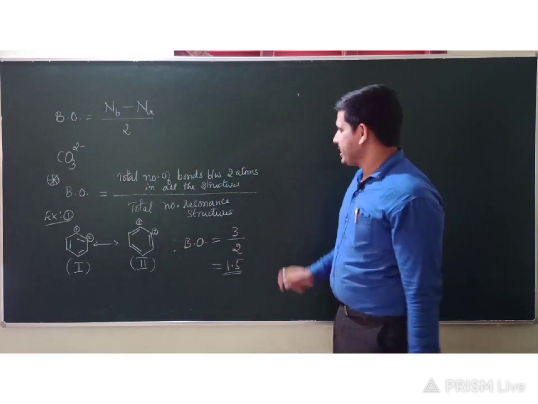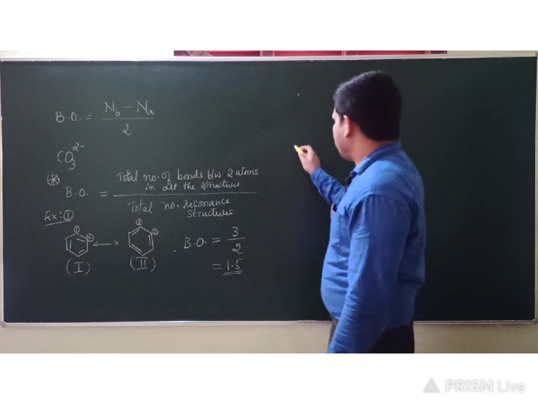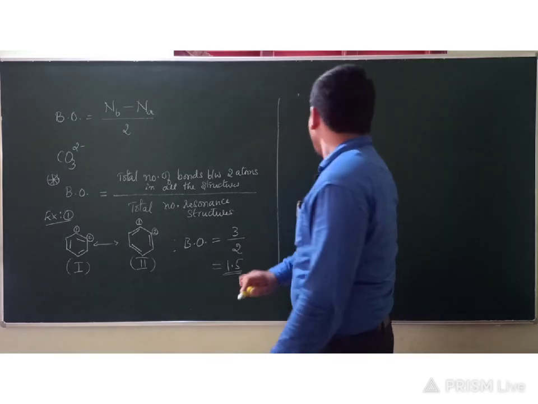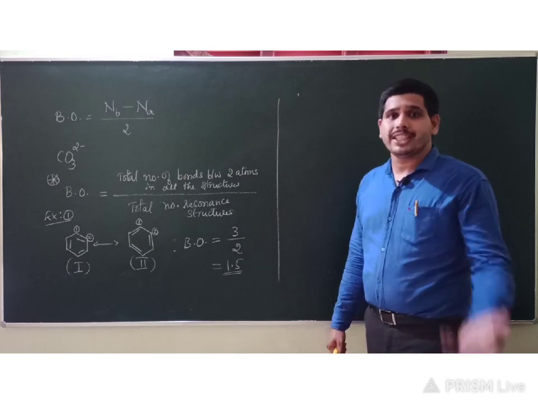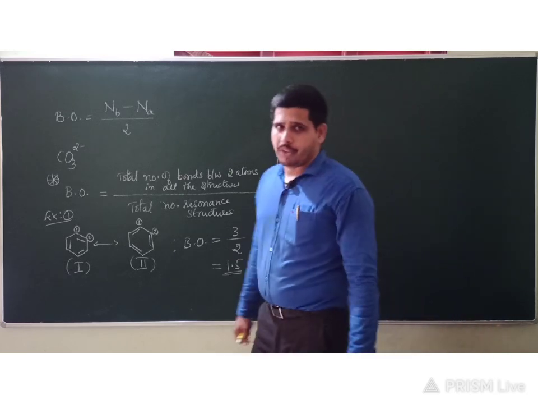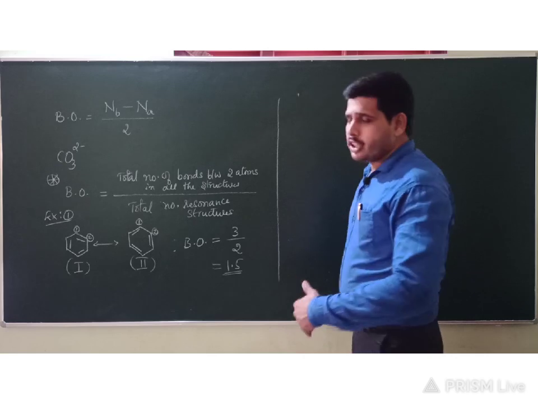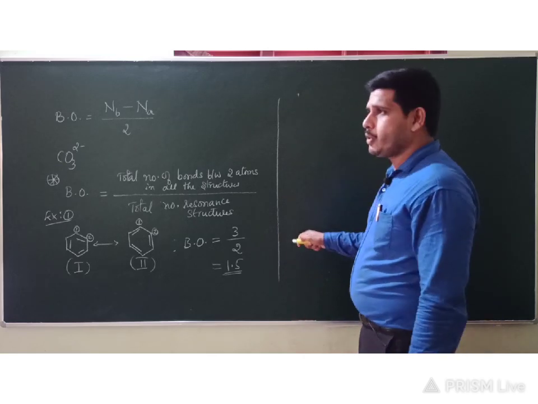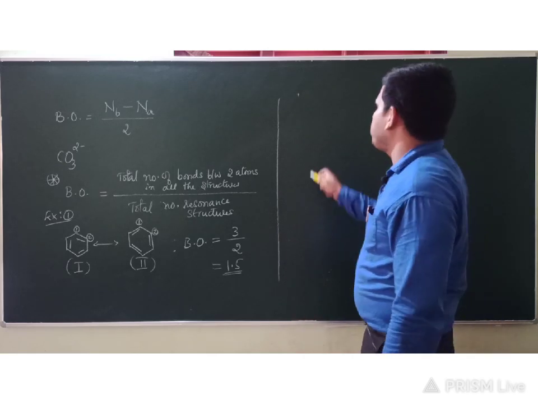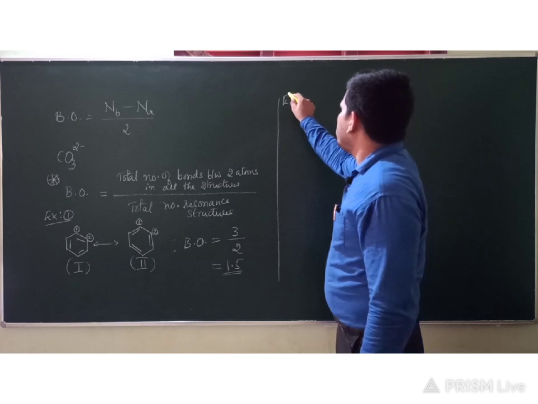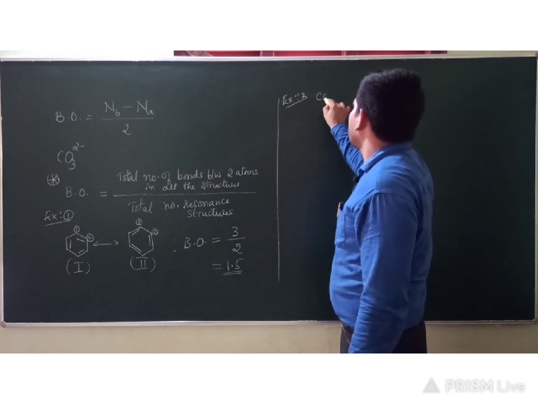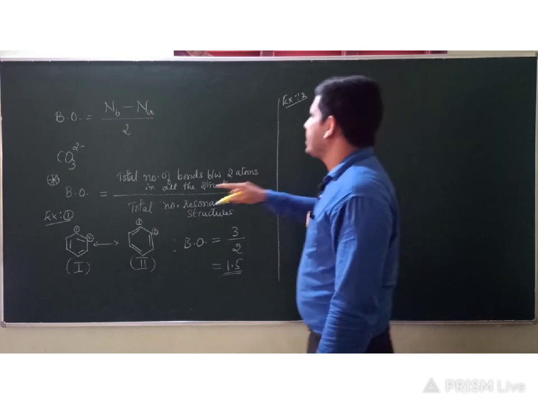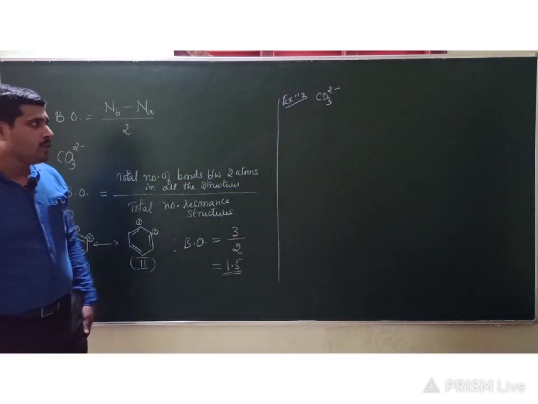Is that fine? Yes. So let us extend our discussion by taking two more examples which were asked in previous years' competitive examinations. If you study the last 10 years, you will come to know about these examples. So example 2 I'll take as carbonate, which I already told you has resonance.